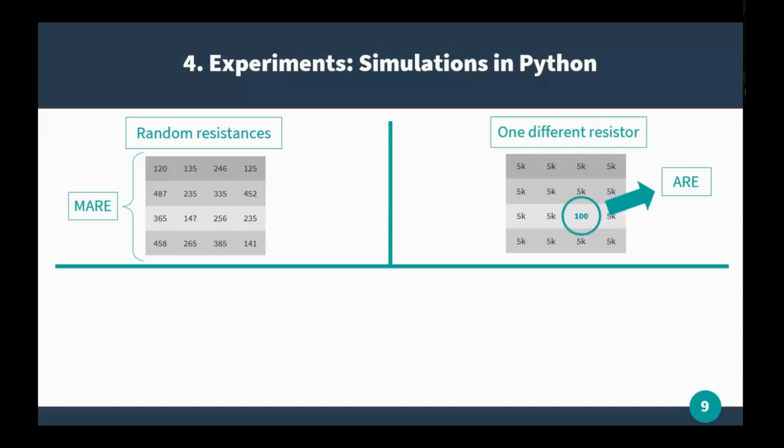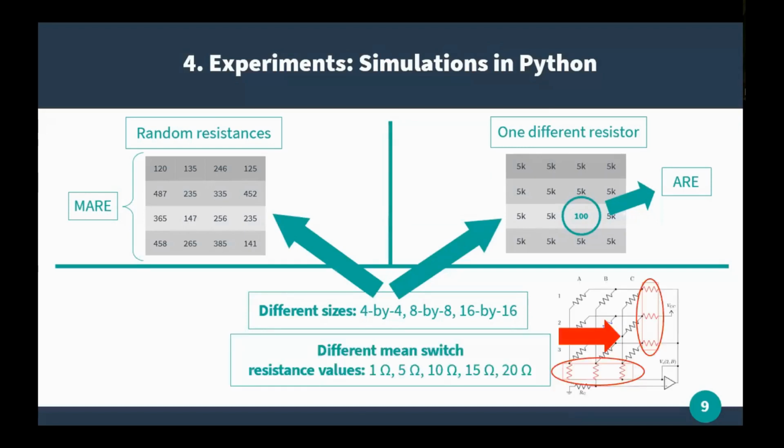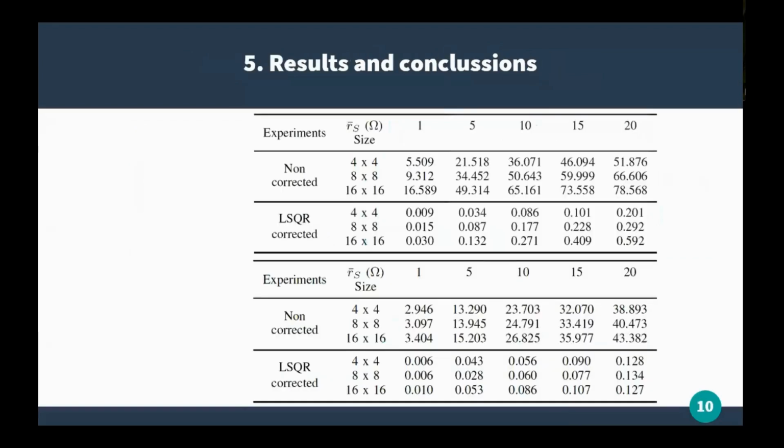In this case, this is not a mean error, this is an absolute error. And then we are studying different sizes, 4x4, 8x8, 16x16. The 4x4 are these two cases for rows and for columns, on the right. And then different mean switch resistance values, the values of the switches, the multiplexer and the demultiplexer, ranging from 1 ohm to 20 ohms, as shown here.